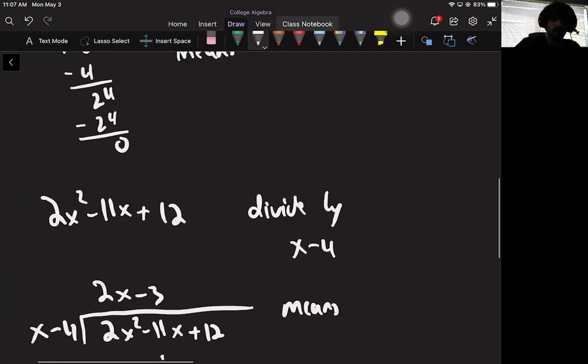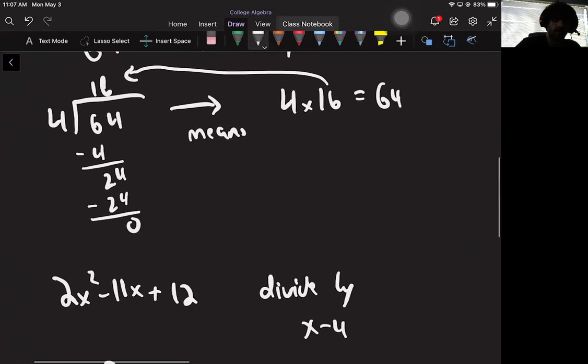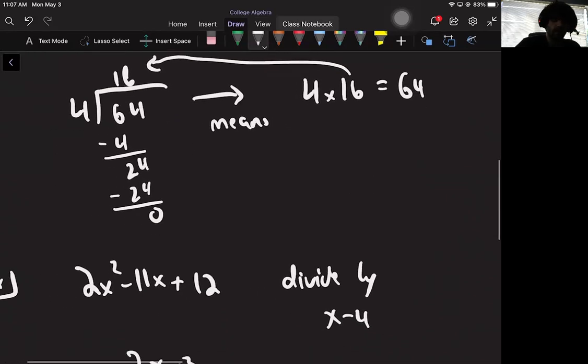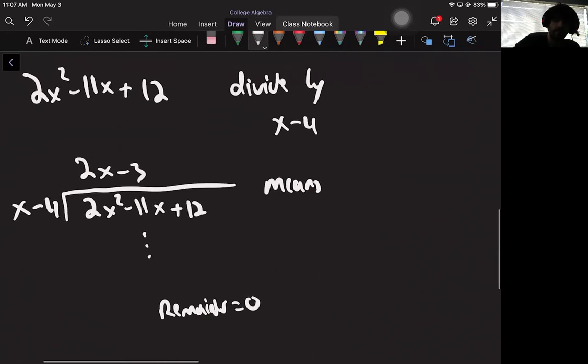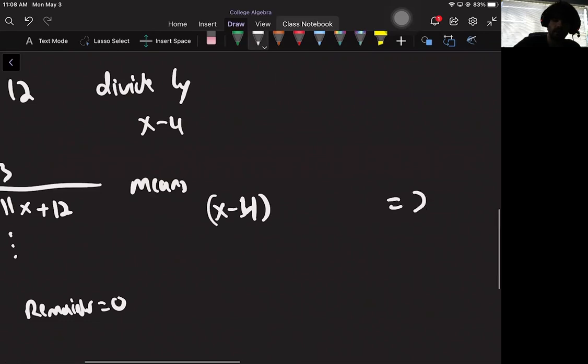And so just like with numbers, the remainder of 0 tells you that 16 is how many times 4 goes into 64. Well, remainder of 0 here tells you that if I multiply x minus 4, it'll go into 2x squared minus 11x plus 12.